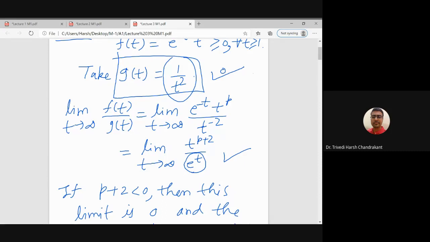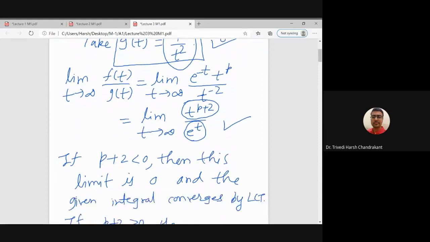In the same way, as t tends to infinity, if the power of t is positive, then it also converges to infinity. So now we have two cases, whether the power of t in the numerator is positive or negative. If the power is negative, then t power negative power and 1 upon e power t, both multiplied, will converge to 0.